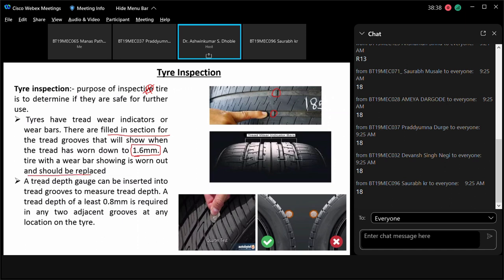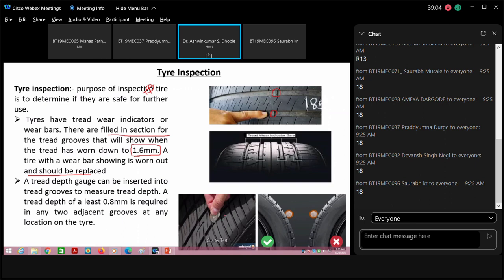A tread depth gauge can be inserted into the tread groove to measure tread depth. Tread depth of at least 0.8 millimeter is required in any two adjacent grooves at any location of the tire. Otherwise, you can have this quarter test, which is very common, that you take a coin and see that the quarter of the coin is getting into this.